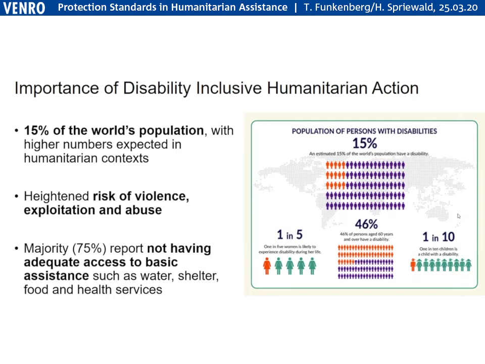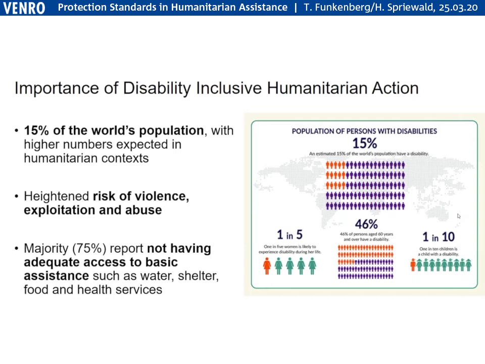We see a heightened risk of violence, exploitation, and abuse, especially targeted at persons with disabilities. And we at Humanitarian Inclusion see through different reports, studies and research that the majority of persons with disabilities report that they don't have adequate access to basic services like water, shelter, food, health services in a humanitarian response. So these are very staggering numbers, and we need to address them and keep that in mind.